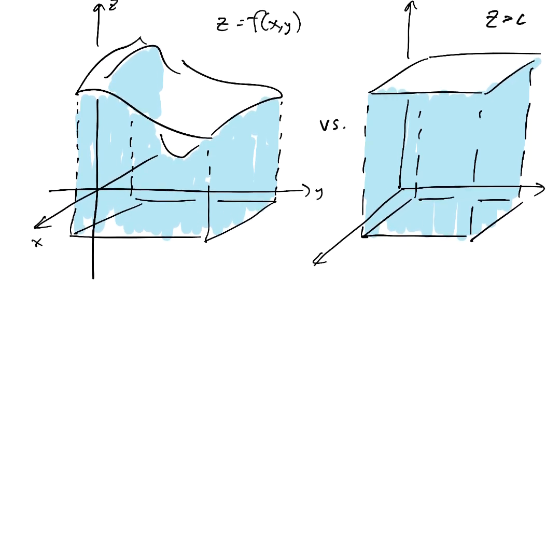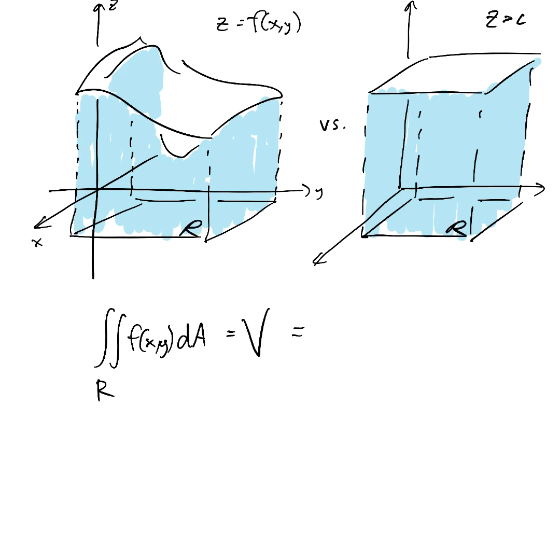And so we have the same story. On the left, the volume is the double integral over the region R of whatever the function was with respect to area. So we're calling R this region down here.